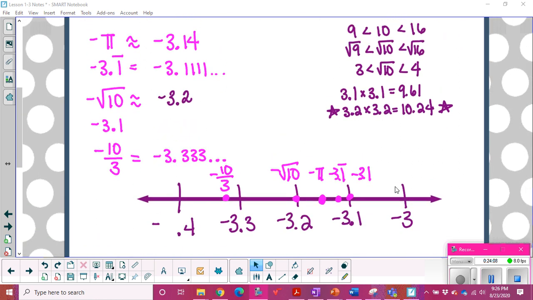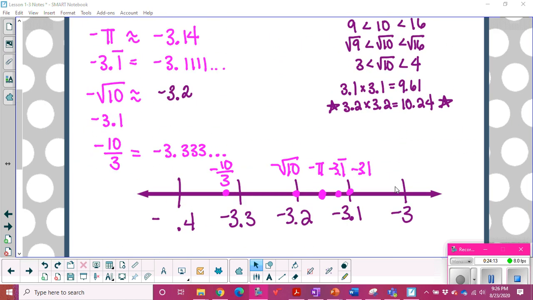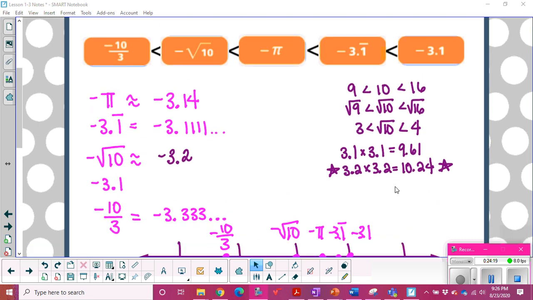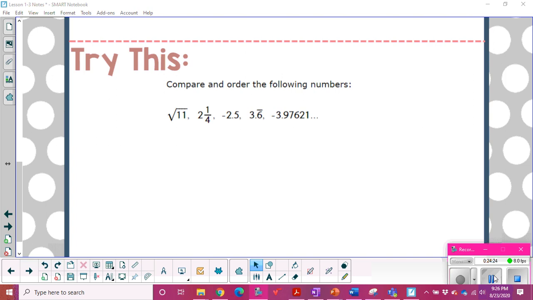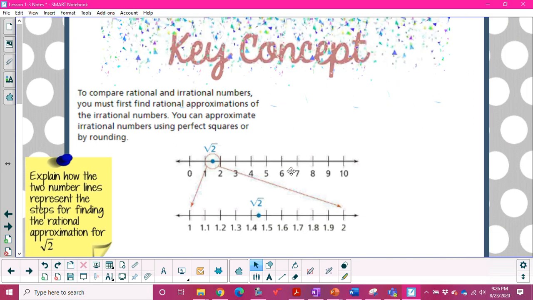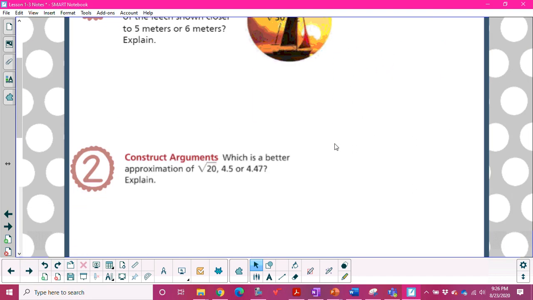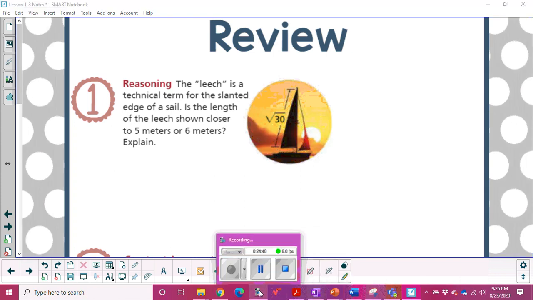Here's the work, and here's the final answer. Check your answer, make sure you got it right, and then move on to the next one. Pause the video and do the very last one. Then after you do the last one, I want you to read the key concepts and work the review problems. I will give y'all the answers later to check over it.